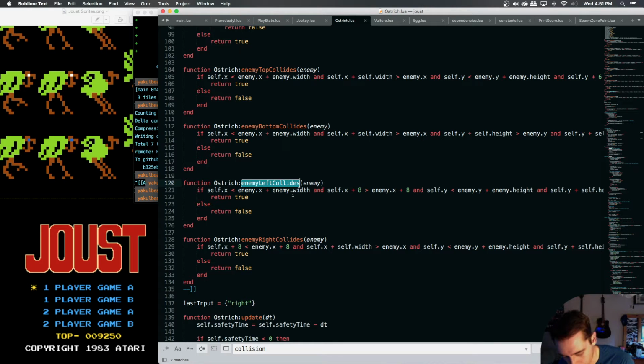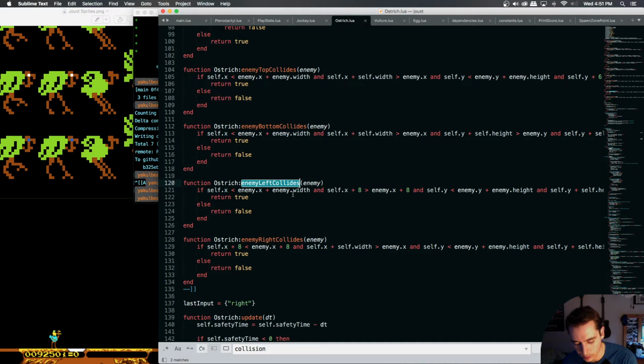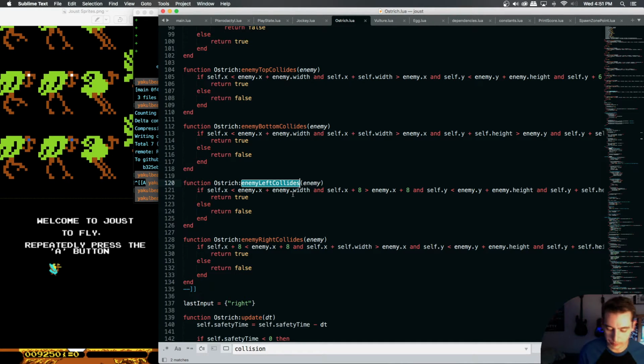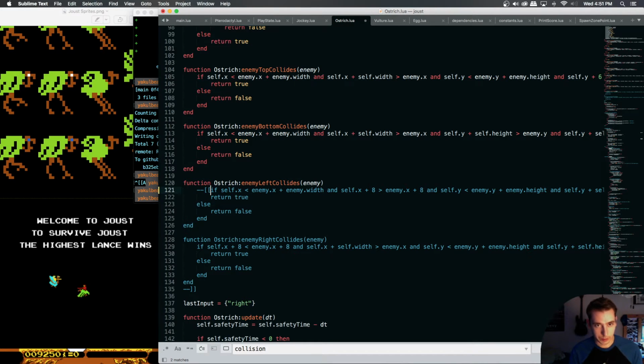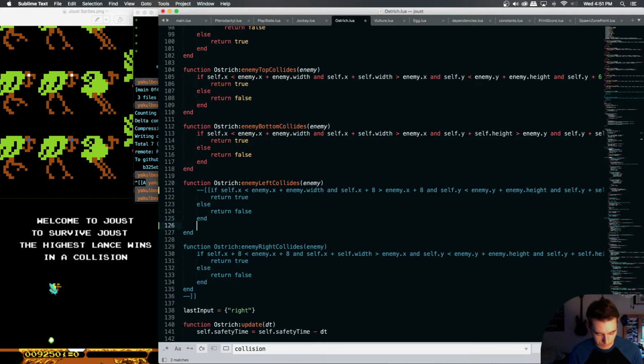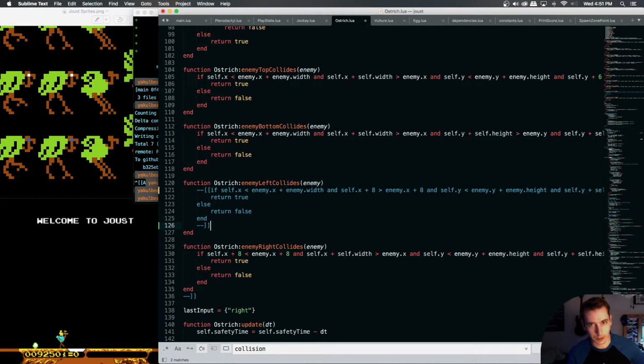Well, in terms of our ostrich, we would need to give a bounding box of a certain size, maybe 2 or 3 pixels, say 3 pixels. That'll be the determining factor for the left, and then we'll have to do the right collision. So let me just delete what we have here and start from scratch.